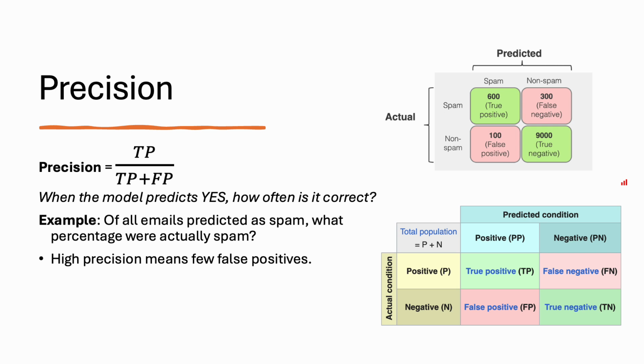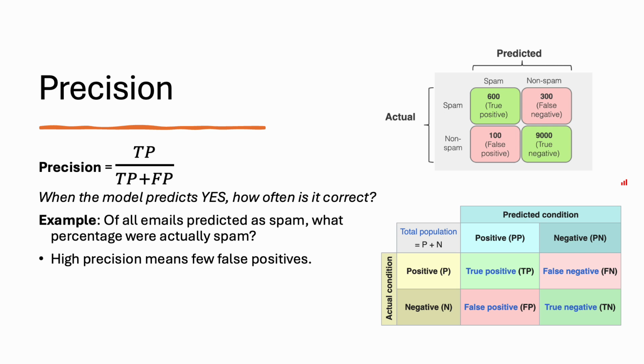Here the number of true positive is 600 and the number of true positive plus false positive is 700, as you can see. So our equation turns into 600 divided by 600 plus 100, which is 600 divided by 700. So it is 6 by 7, which is the precision.